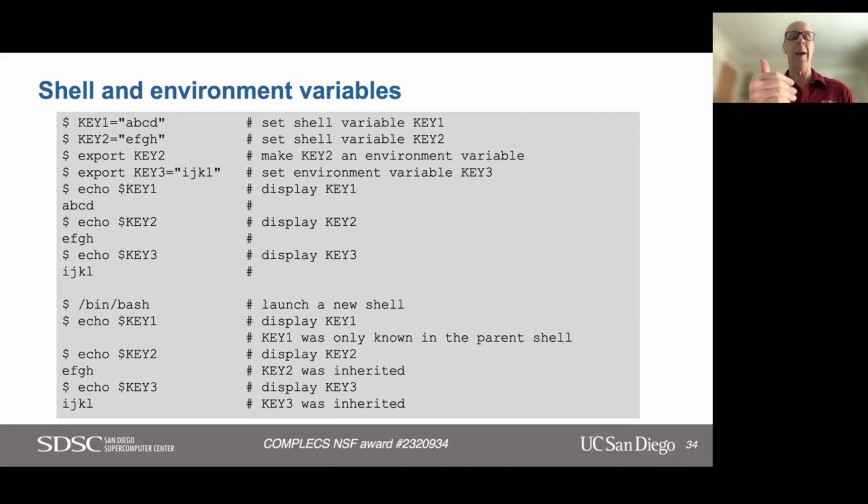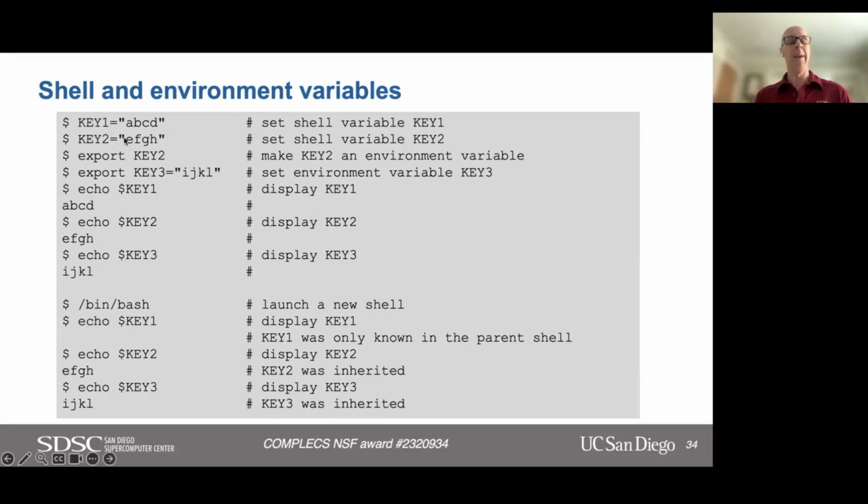But let's look at a few examples of setting these shell and environment variables. So let's say I have two variables. I'm going to call them key1 and key2, and I'm going to set them to these strings, ABCD, EFGH. Now I'm going to use export key2 to make key2 an environment variable. Again, this is what you're normally going to want to do.